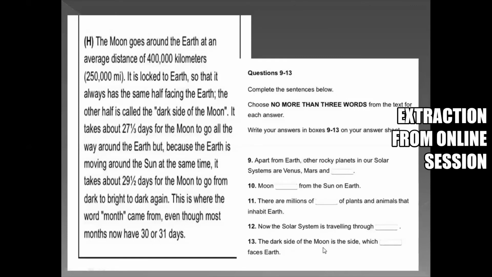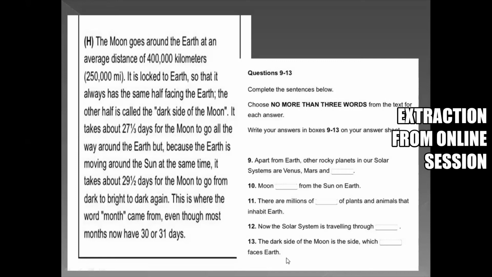So the dark side of the moon is the side which never faces earth. We cannot put doesn't, because an S has come. So which never faces earth. Now we see the answers.